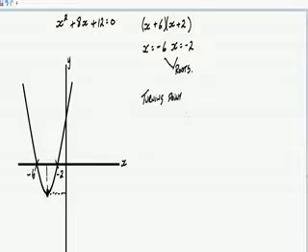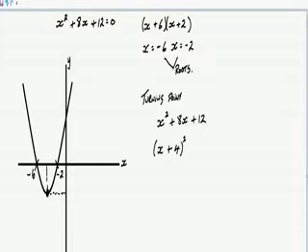So now if they ask me what's the turning point, and I have no grid to read it off, then I take the equation and I start completing the square. So I take one of the x's, half of this value, and square it.